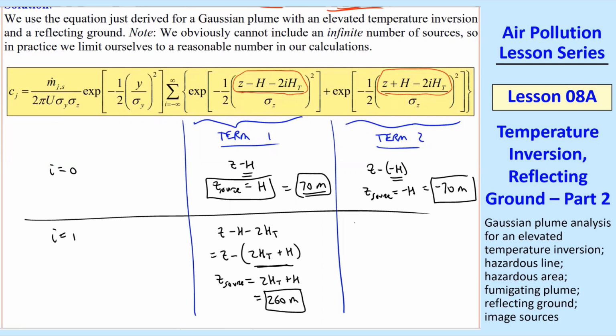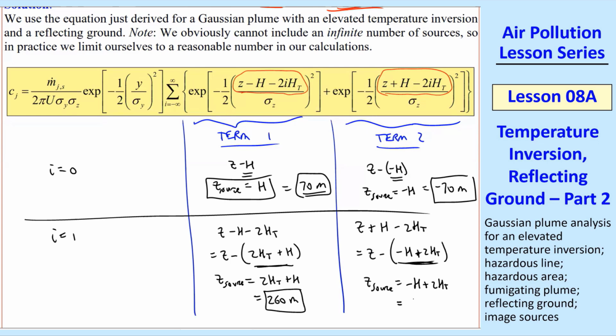And then term 2, z plus h minus 2ht, and we rewrite that as z minus, and then negative h plus 2ht. You got to watch your signs. Make sure you don't get a sign wrong. That gives us an h and a negative 2ht, so that's correct. And then that means that z source equals what I have underlined here, negative h plus 2ht.